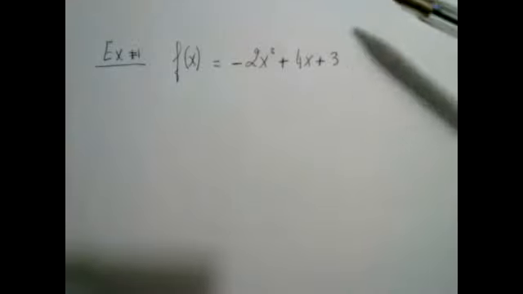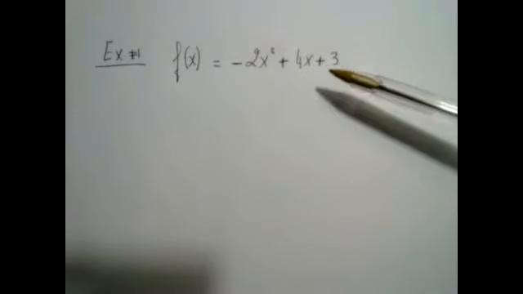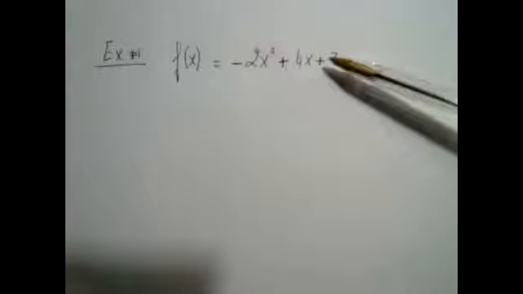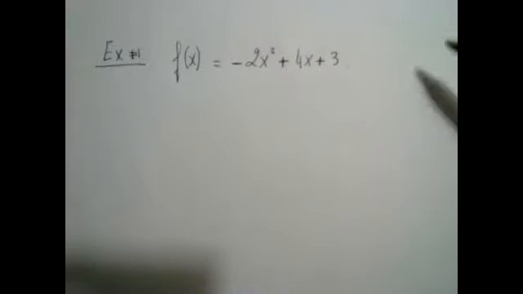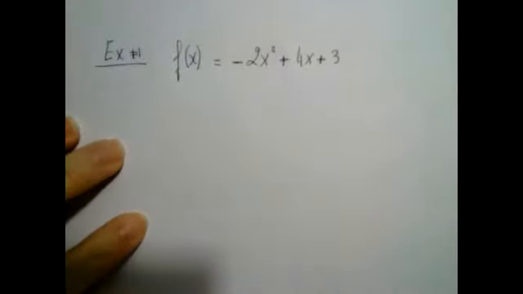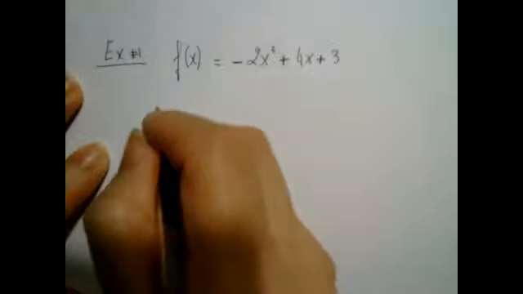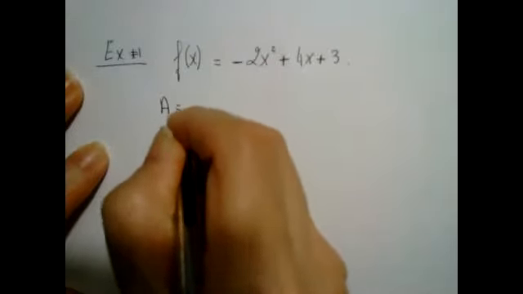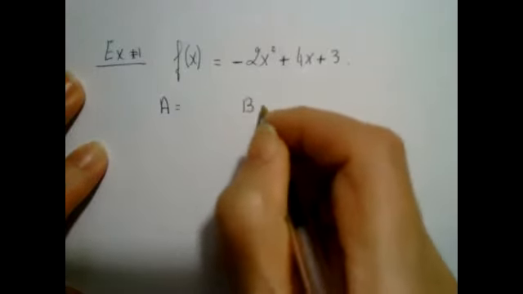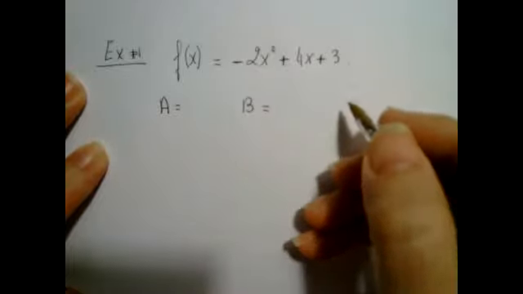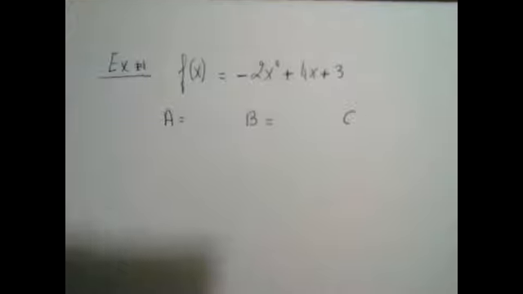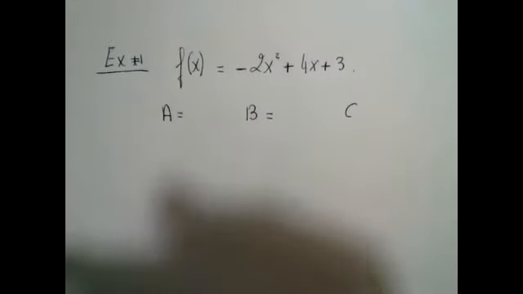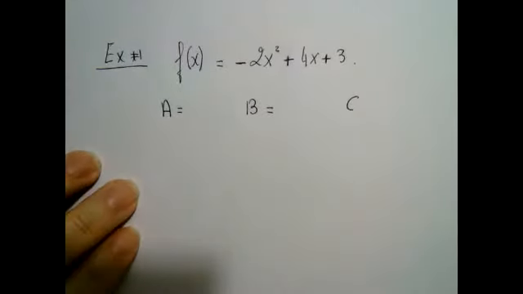I'll make it worse. Okay, so looking at it, if you try to factor, the -2 here is going to give us a little bit of trouble. So we are going to use the quadratic formula. The first step in using the quadratic formula is to say what's the A, what's the B, and what's the C. Okay, stay like that.